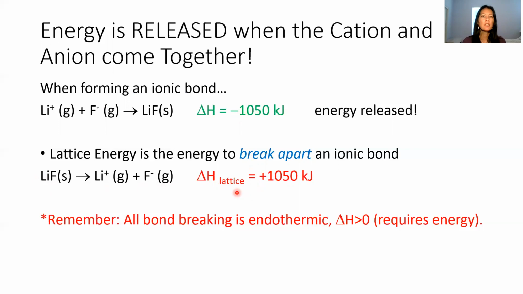Just remember that anytime you break a bond, that's always endothermic because you're ripping apart an electrostatic attraction, some sort of plus and minus. For ions, it's cation and anion, those real ion charges. For a covalent bond, it's the positively charged nucleus attracted to the electrons of the other atom. You're breaking that apart. So in all those cases, delta H is greater than 0. That's endothermic, requires energy.